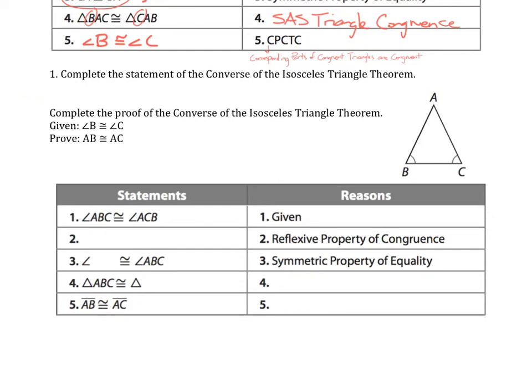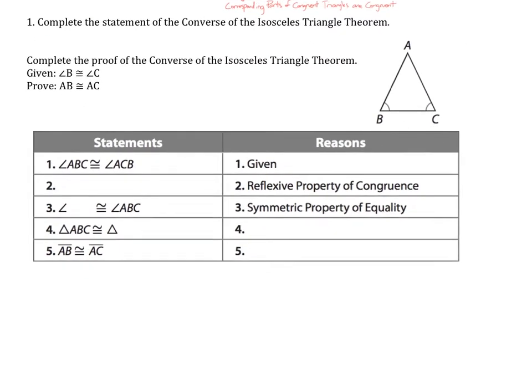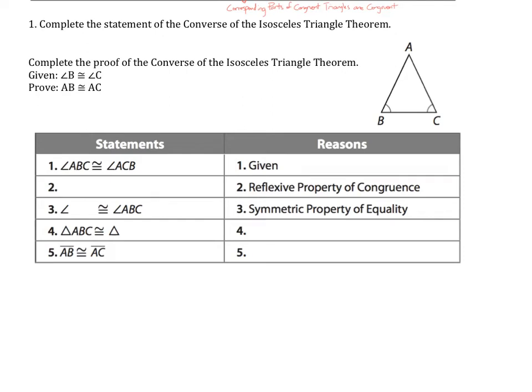And then, secondly, we have a proof of the converse. So if we're going through the converse here, again, given angle B is congruent to angle C, so it's being a little more specific here. ABC is congruent to ACB, going the other direction.